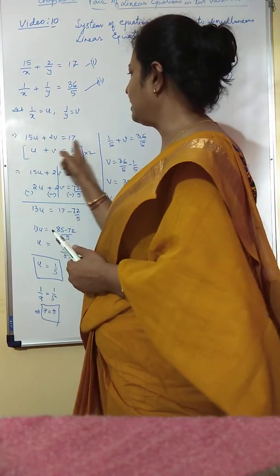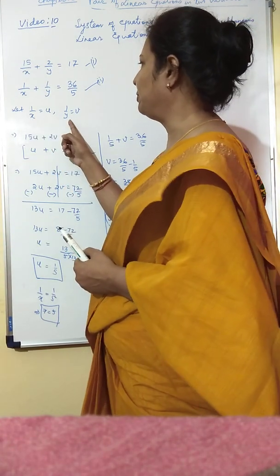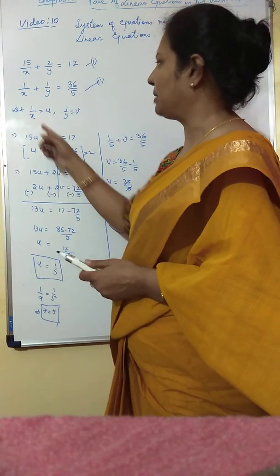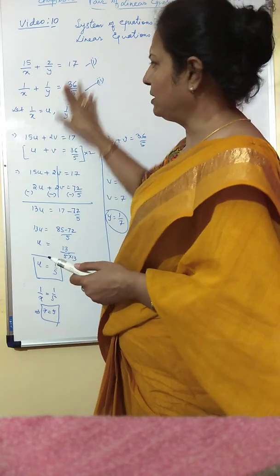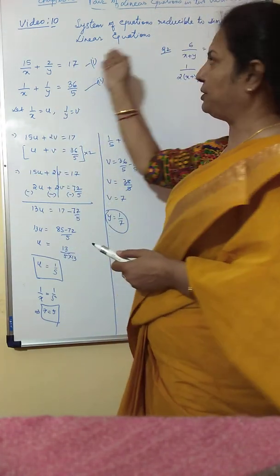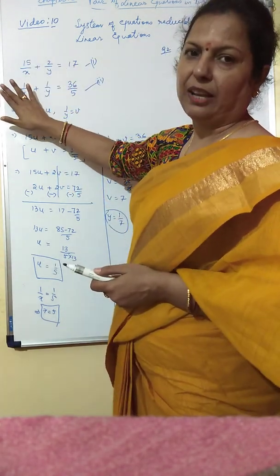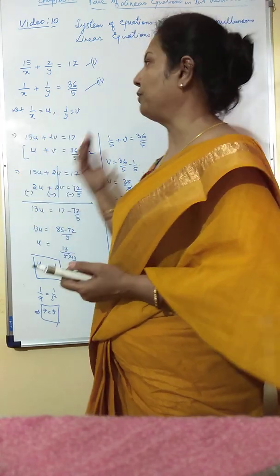So now this is a linear equation in u and v. Instead of finding the value of x and y, first we will find the value of u and v, and then we will substitute it in these equations to get the value of x and y. So this is what in short we mean by equations reducible to simultaneous linear equations. That means we have the variables in the denominator, which does not keep it in the linear equation form.